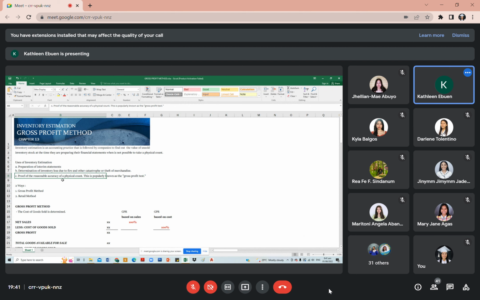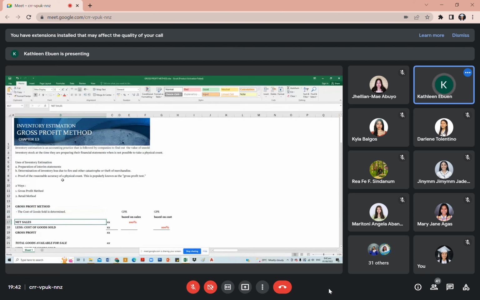Okay. So there are two ways on how to estimate the inventory. So the first one po is the gross profit. Yan yung sa chapter 13. Chapter 14 naman is the retail method. Okay, so sa gross profit method, the cost of goods sold is determined. Okay, so alam ko familiar na kayo dito class, di ba?